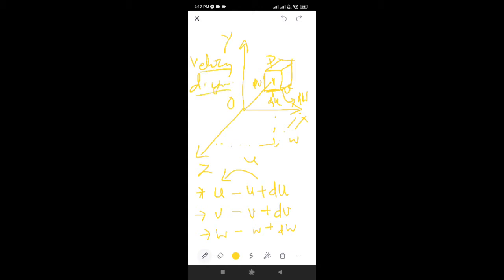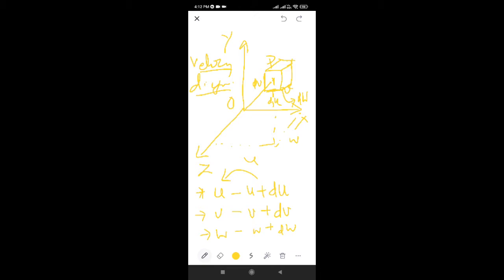That means the coordinates of molecules here are velocities, not the positions but the velocities. Along the x-axis you don't have the position coordinate but the velocity coordinate, that is u. Along the y-axis you have the velocity coordinate v. Along the z-axis you have the velocity coordinate w.